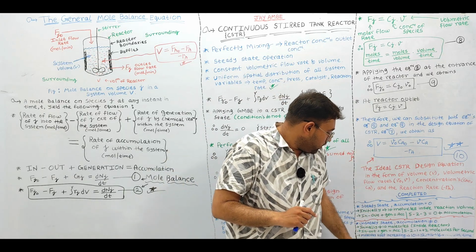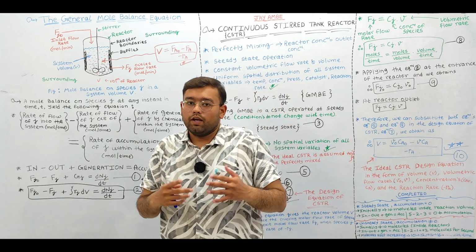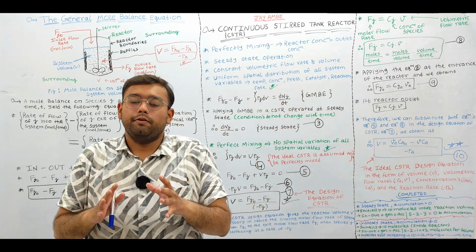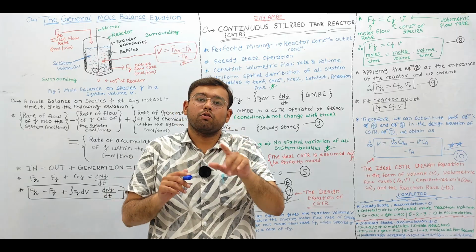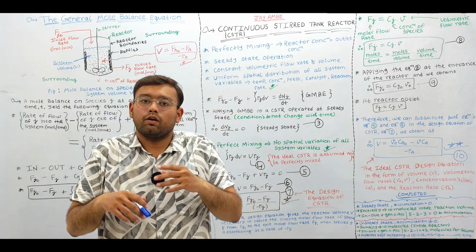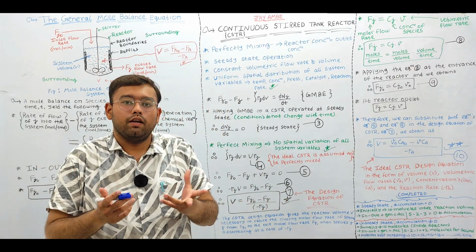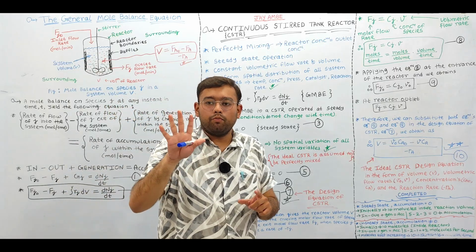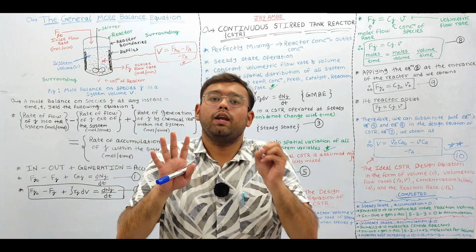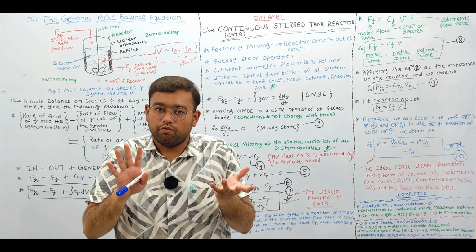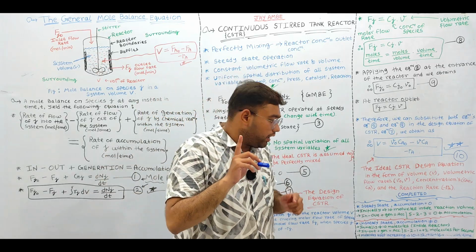So 5 minus 2. In generation we are again writing in terms of reactants. Out of 5 molecules only one reactant is getting converted into new products, so only one reactant is utilized, consumed, and due to those reasons we are writing minus 1.